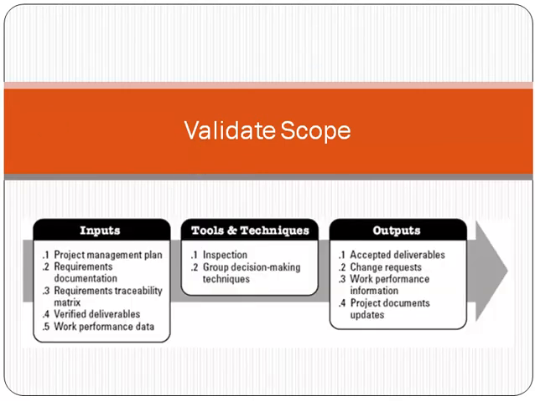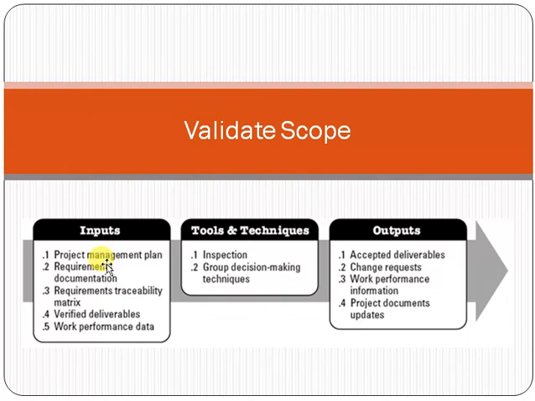Validate scope is a process in which the inputs are the project management plan, requirement documentation, requirement traceability matrix, verified deliverables, and work performance data. Inputs means, friends, that when you are executing validate scope, you use these documents.